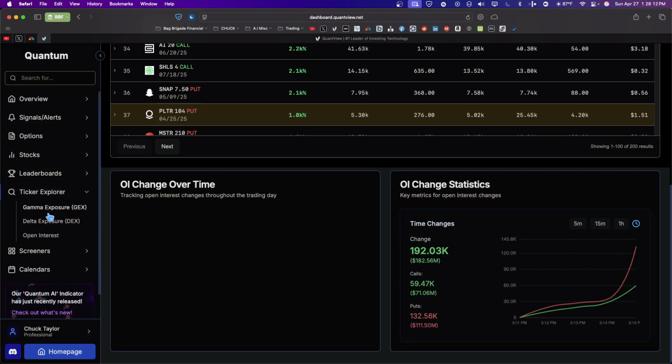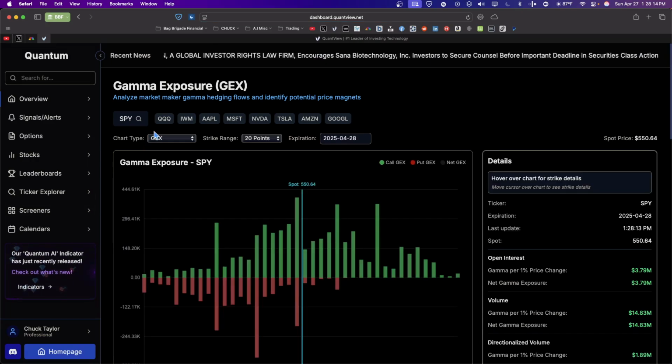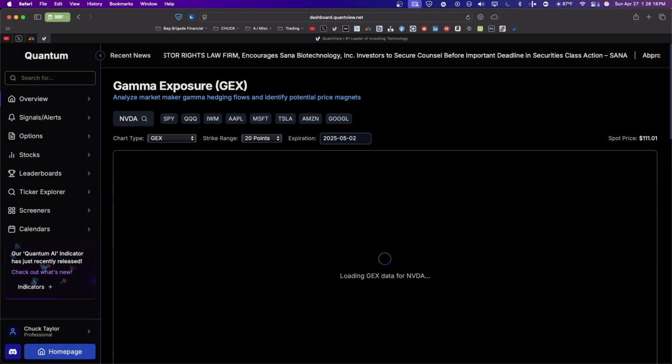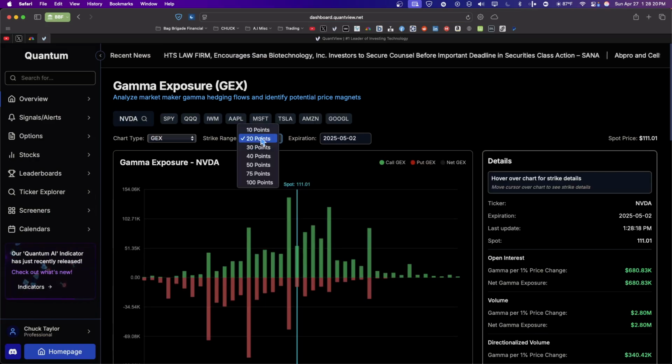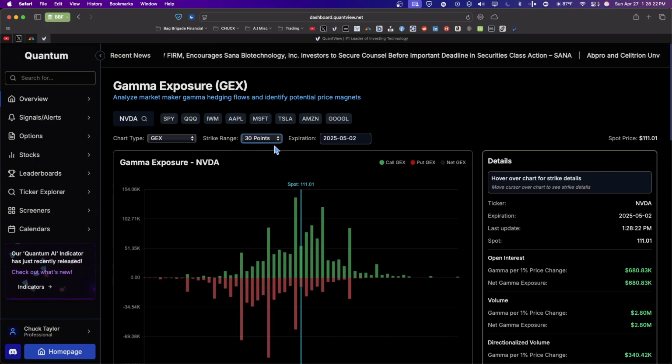And then here's where you can get your gamma exposure stuff. So let's use NVIDIA, hit enter, your gamma strike range price. Let's do 30 points. And let's use this coming week's, what's it called? Expiration, right?